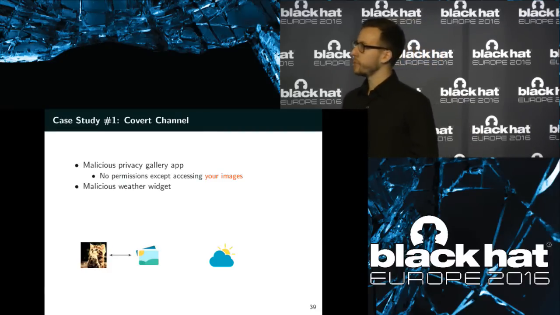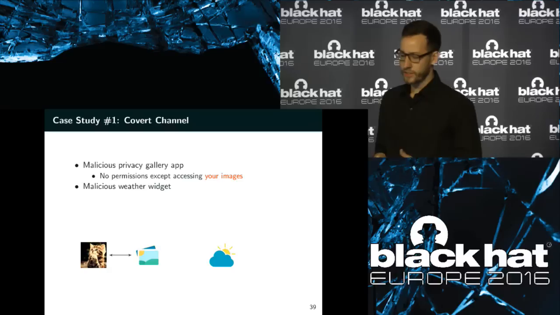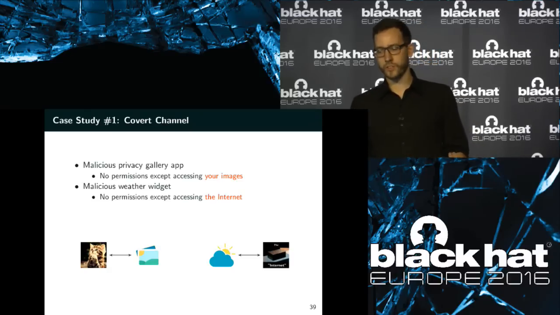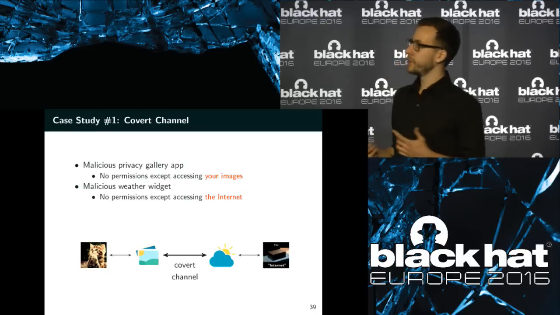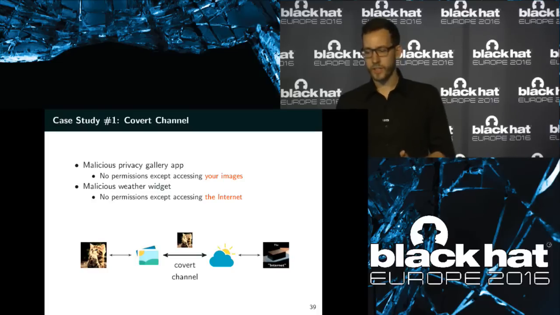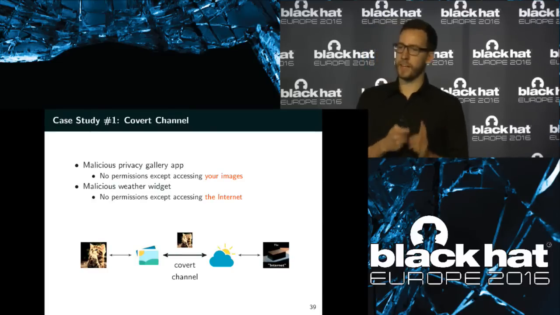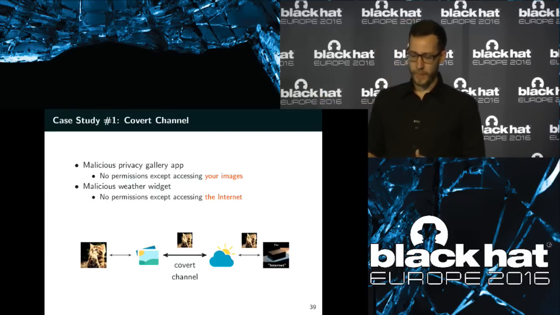In addition, the user wants to see what the weather is outside and installs a malicious weather widget. And he is also not suspicious, because the only permission it requires is to have access to the internet. So what if both apps can build a covert channel to communicate with each other, so that the gallery app can send the image to the weather app, which uploads it to the internet?